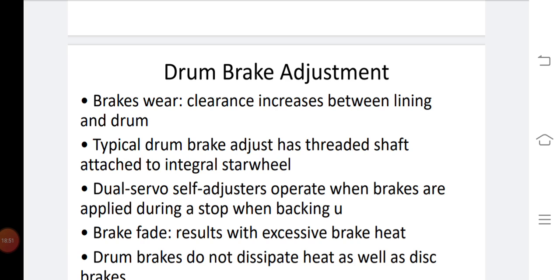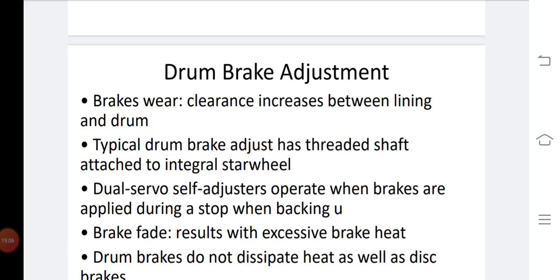So, adjustment. An automatic adjuster is also provided in the braking cylinders, hydraulic cylinders, and for brake wear, that is clearance.